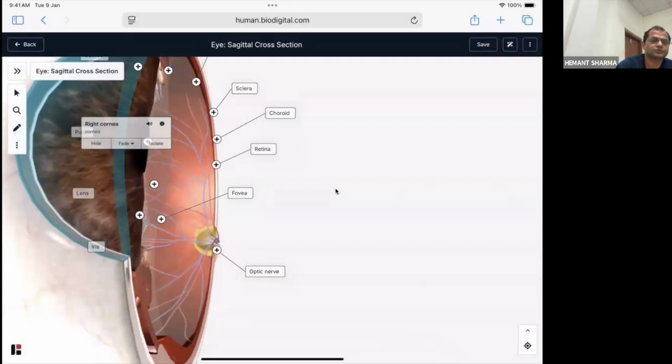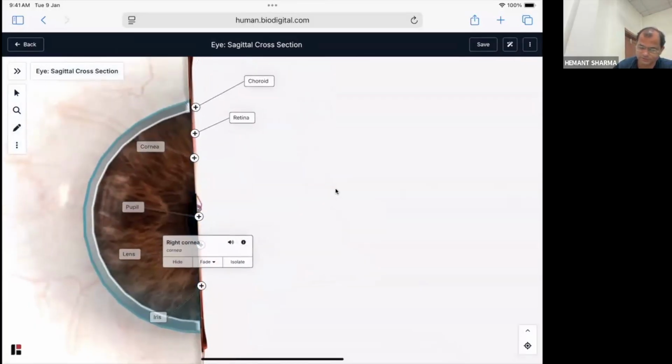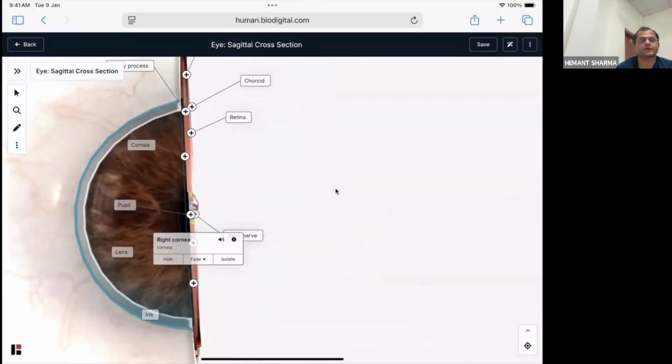So what is cornea? कॉर्निया एक फ्रंट पार्ट है किसका? स्क्लेरा का.